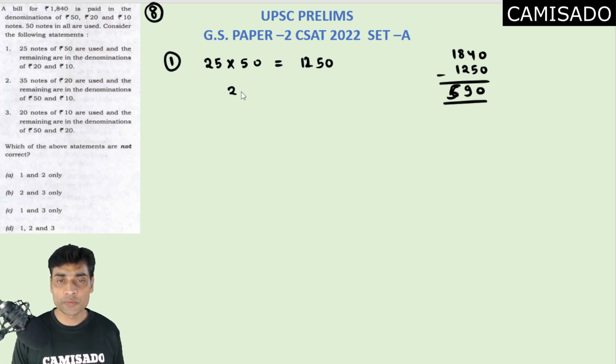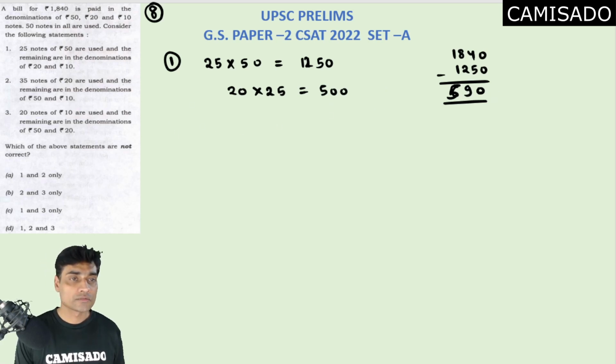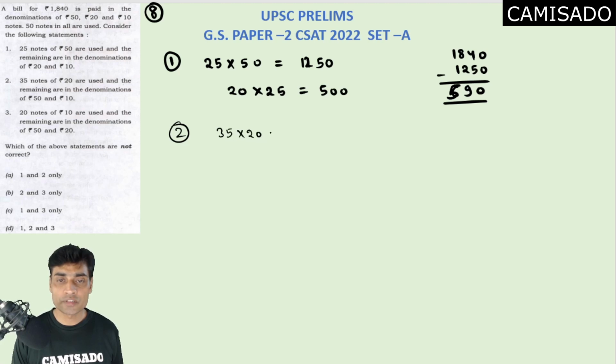So 590 rupees are to be collected more from the remaining 25 notes, and the greatest denomination here is 20, and the notes are 25. When you multiply 20 by 25, you will get 500, and we need 590 rupees. So the first case is not possible. Now case number 2, 35 notes of rupees 20. If we have 35 notes of 20 rupees denomination, we will get 700 rupees.